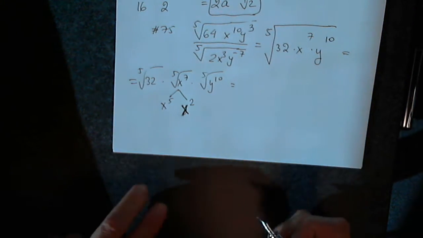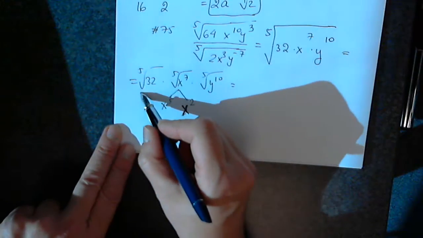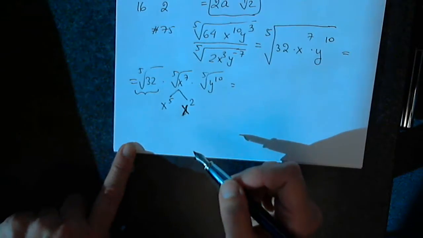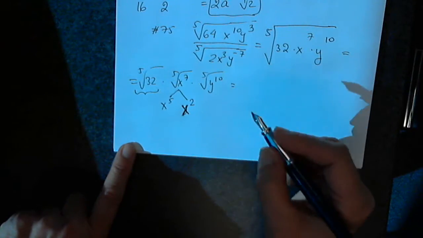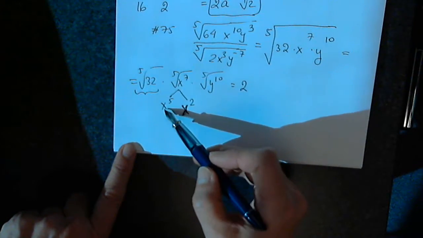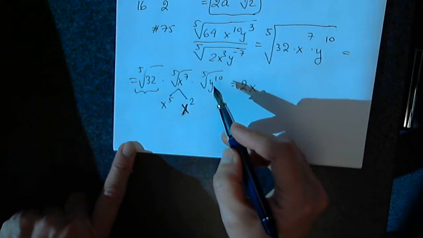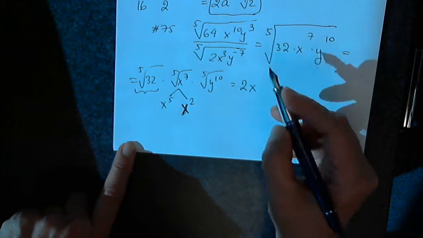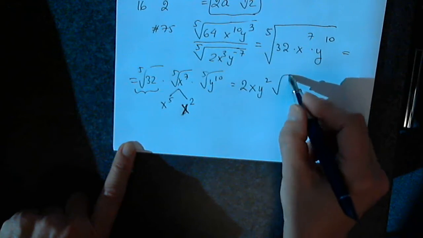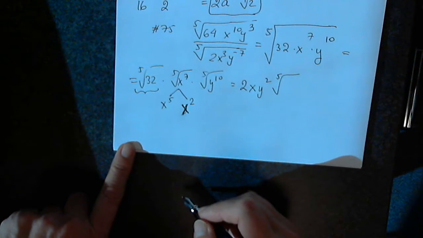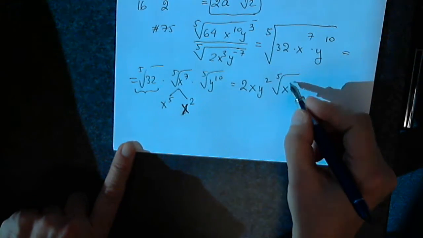And so what happens to the fifth root of 32? How much? 2. The fifth root of x to the 5th. The fifth root of y to the 10th. And what is left under the fifth root? The 2. X squared indeed.